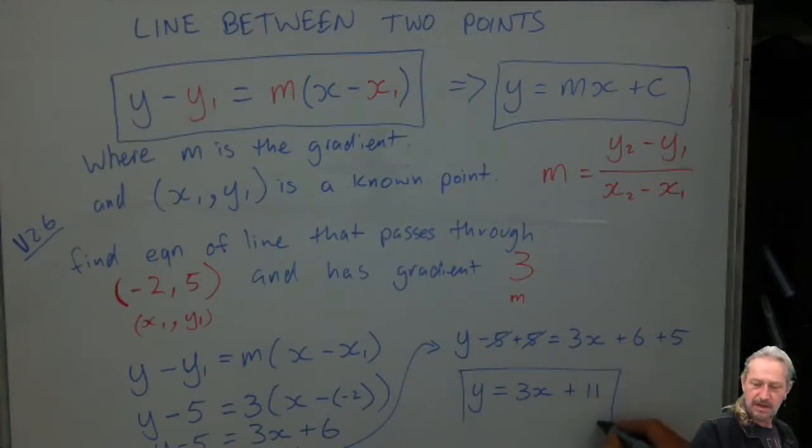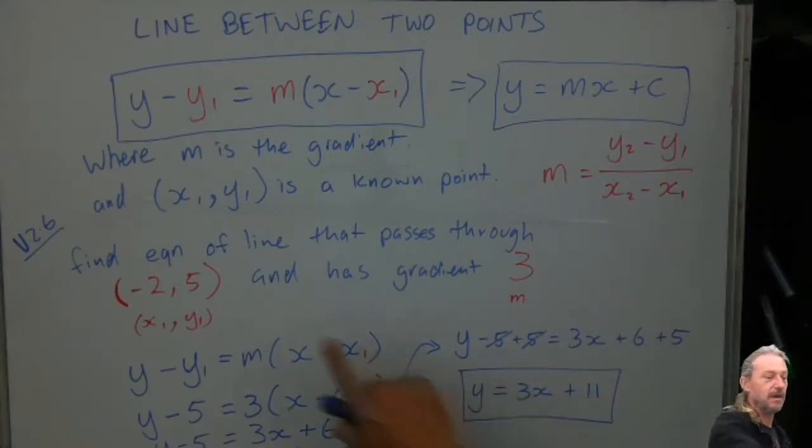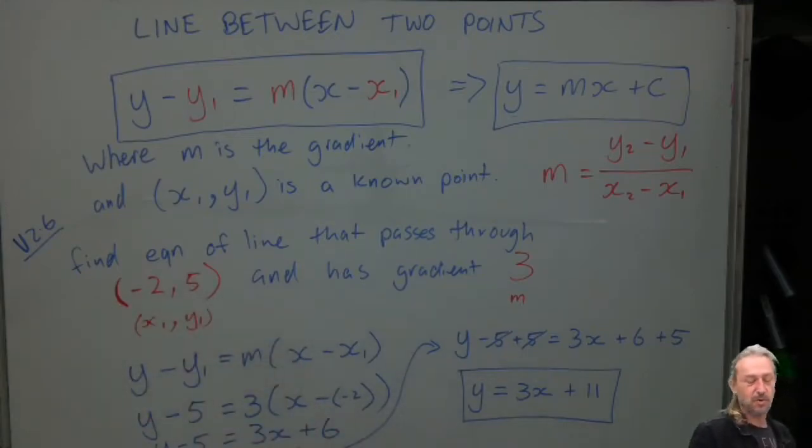So as soon as we get it into that form, where we have a gradient plus our constant y-intercept, that's the equation of the line with this gradient, because there it is. If you know the gradient, it's always going to be that number, and it passes through this point.